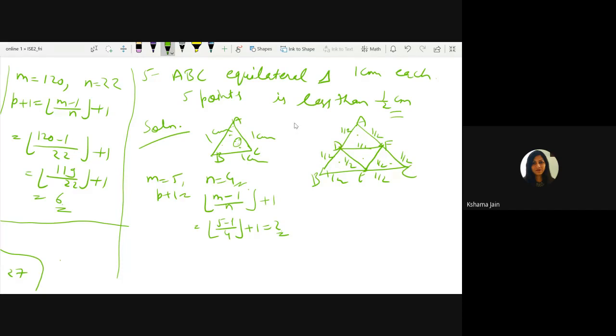Are people writing, or am I dictating simply? Writing, ma'am. Okay, fine. Pigeonhole principle can be applied by assuming points as pigeons and small triangles as pigeonholes.